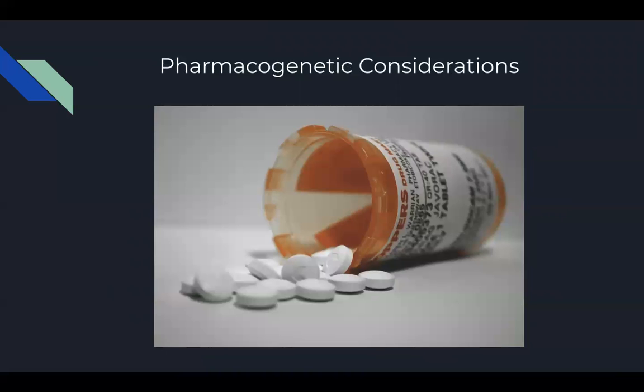And then finally, we're going to talk about some pharmacogenetic considerations. According to the Journal of Cytology and Histology, some patients respond to certain drugs, and at the same time, some patients manifest different side effects. The exact reason behind differential clinical response for any drug among thalassemia patients is still under research.